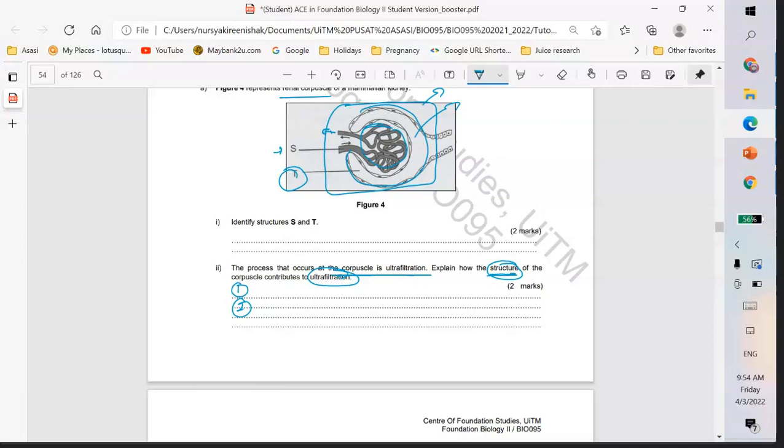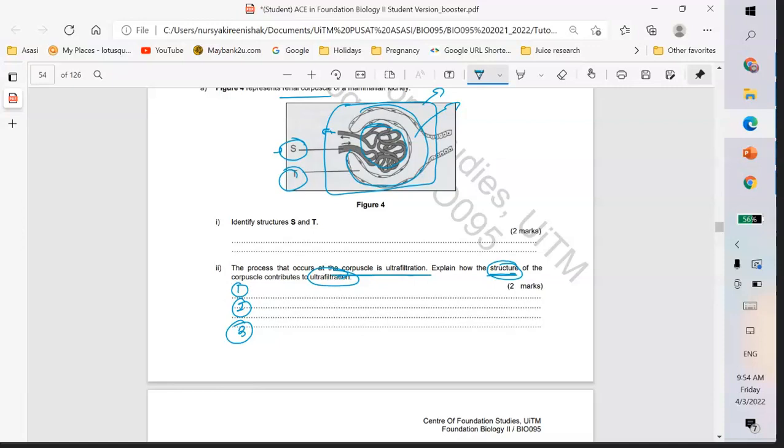So for the third point, the diameter of the afferent arteriole is wider compared to the efferent arteriole.